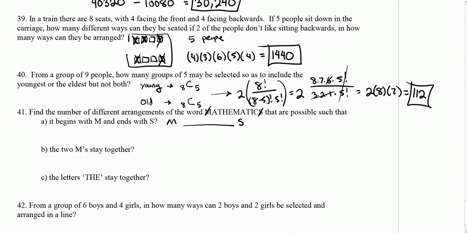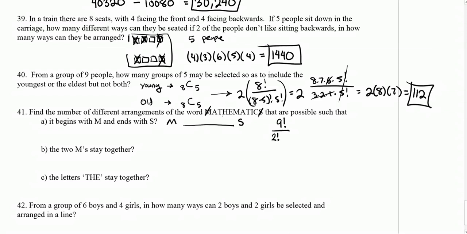So all that's left now, we have 1, 2, 3, 4, 5, 6, 7, 8, 9 letters left that we're going to mix up. And out of those 9 that we're mixing up, we have some repetition. We have 2 A's.